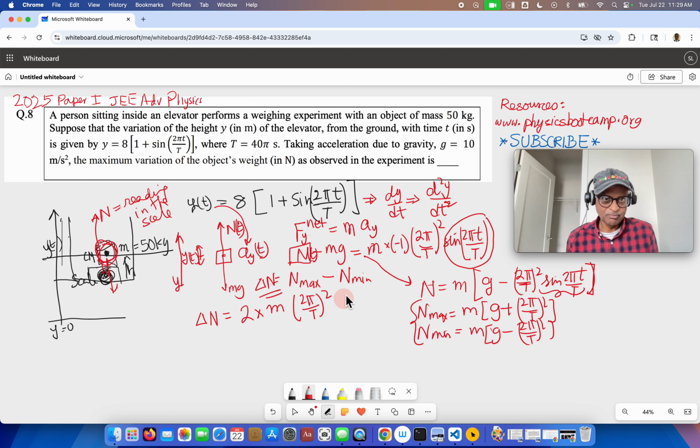Now T is given as 40π, so this is 40π, so you can say this cancels out, this is 20, and m is given as 50, so... did we do it right?